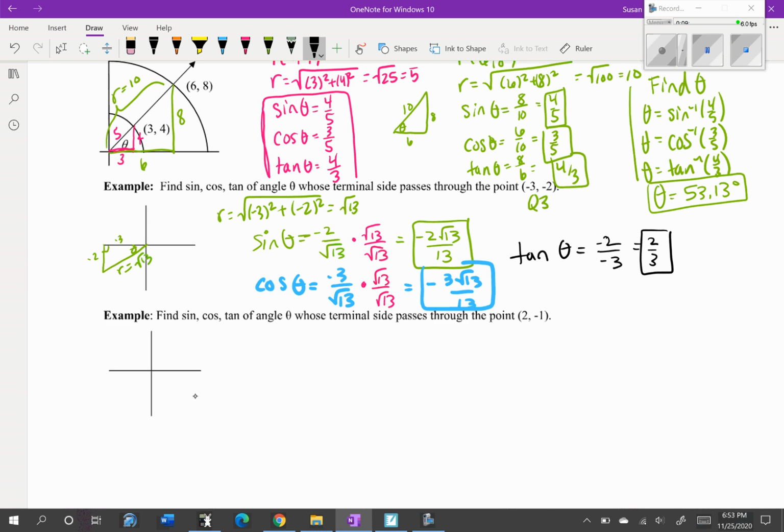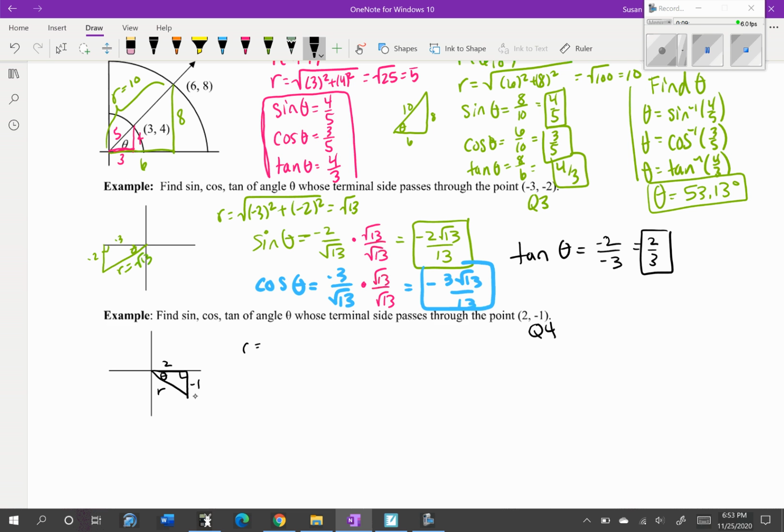So we're doing the same thing, except we're using the point 2, -1, which we know would be in quadrant 4. So we're going over 2 and down 1. So that would be our triangle. And we need to find r.